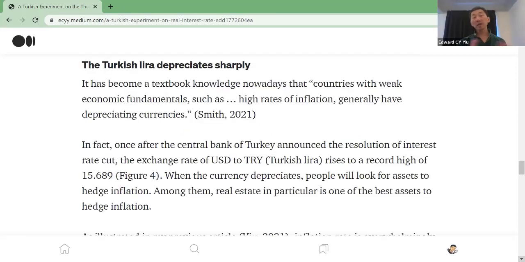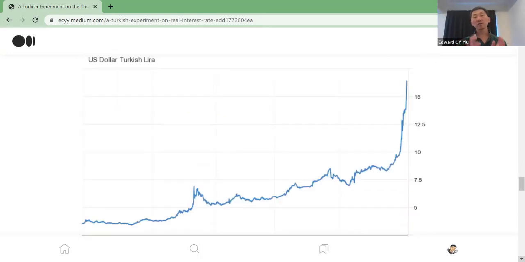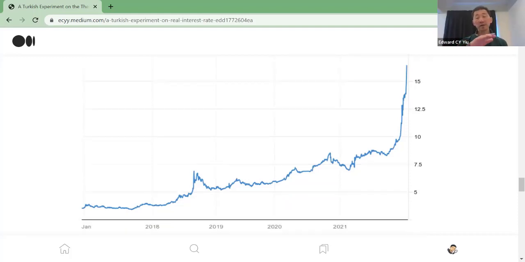It is textbook knowledge nowadays that countries with weak economic fundamentals, such as a high inflation rate, will see their currency depreciate. So let me show you the US dollars to Turkish liras chart. In the past 5 years, the US dollar to Turkish lira exchange rate kept on increasing gradually.